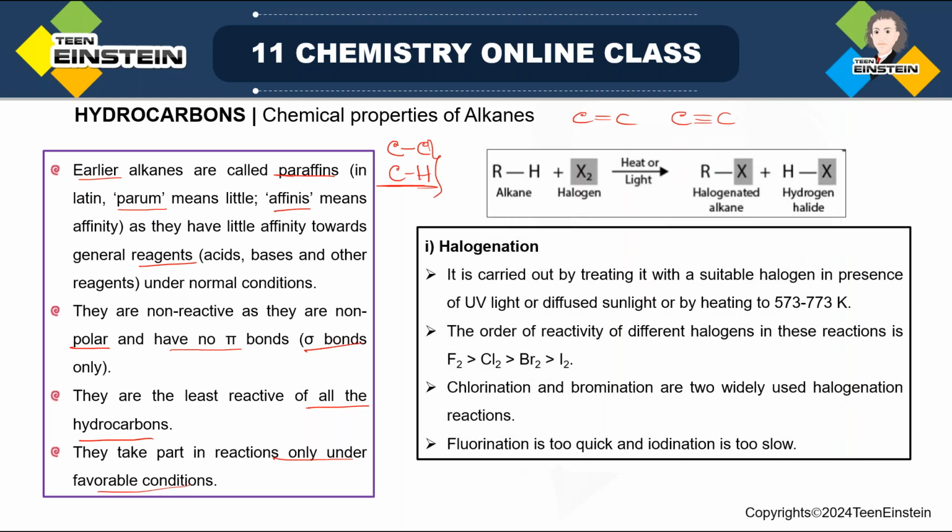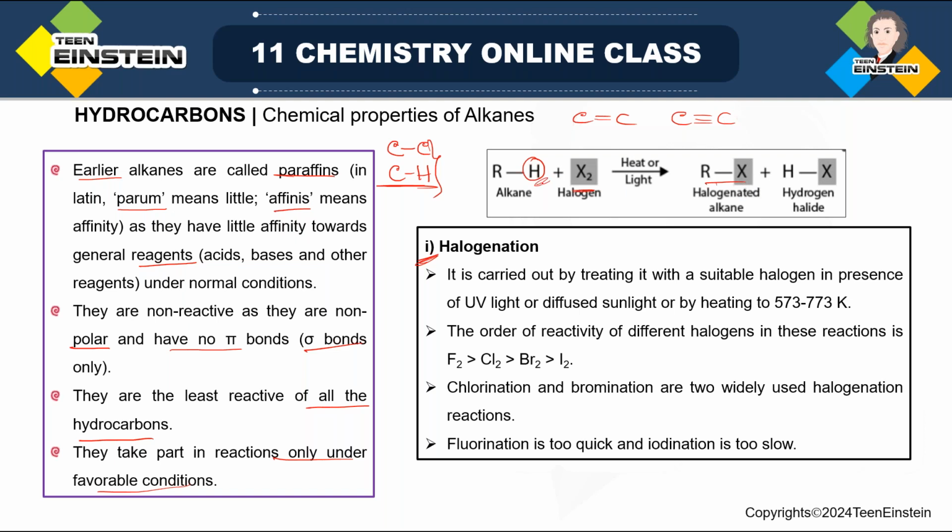So the first reaction under chemical properties will be halogenation, number one. As the name suggests, halogen will be the reagent. In alkane, when you replace one hydrogen with a halogen atom by using any of the halogens in presence of heat or light, instead of one RH bond you get one RX bond.